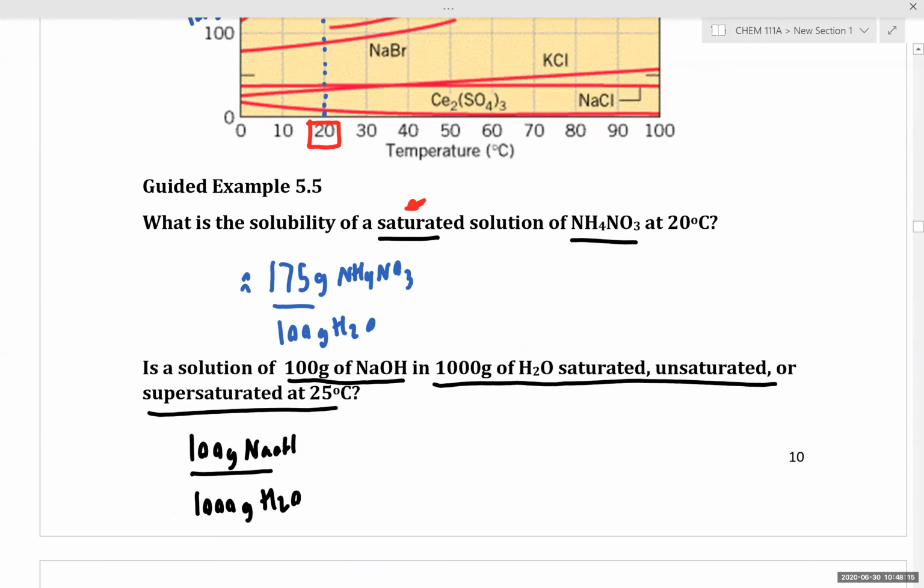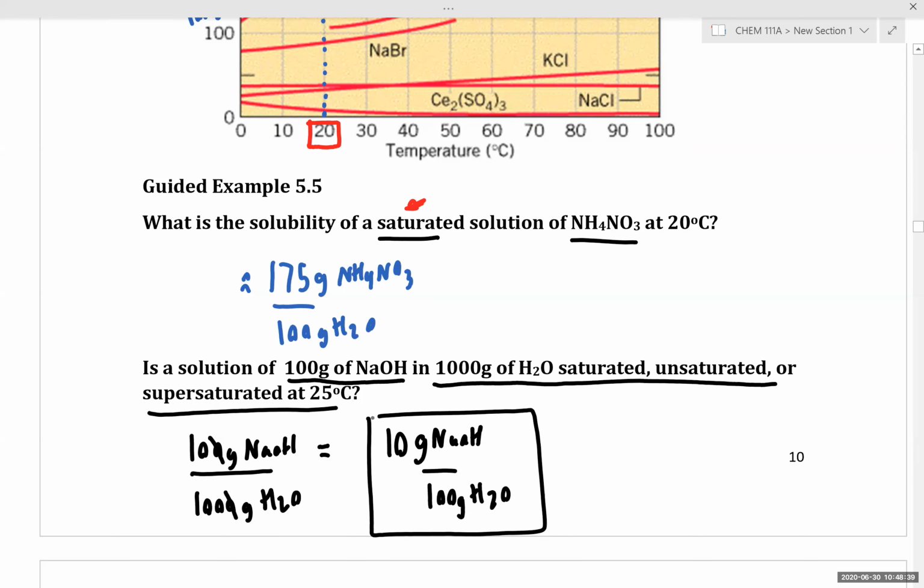So then we need to write this as grams of sodium hydroxide per 100 grams of water. To do that, we're simply going to divide our top and bottom by 10, and that gives us 10 grams of sodium hydroxide per 100 grams of water.